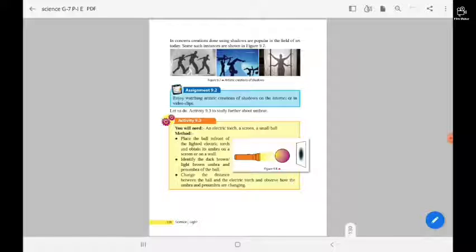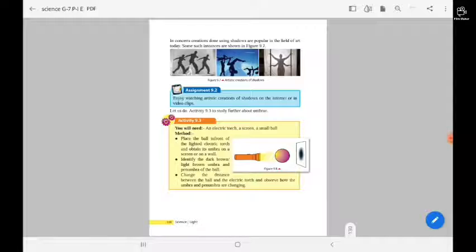So let us do activity 9.3 to study further about umbra. Activity 9.3. An electric torch, a screen and a small ball. So you have to do like this. Place the ball in front of the lighted electric torch and obtain its umbra on a screen or a wall.